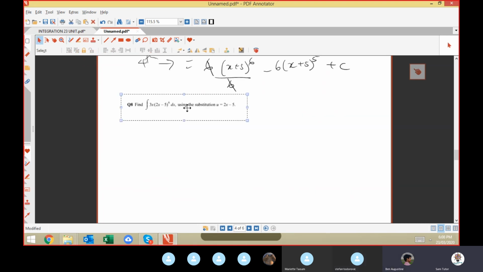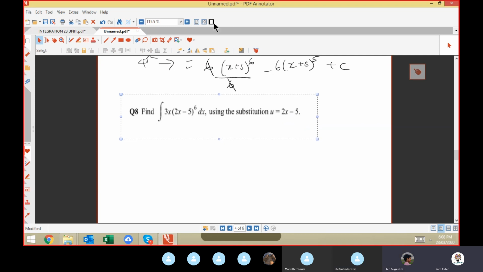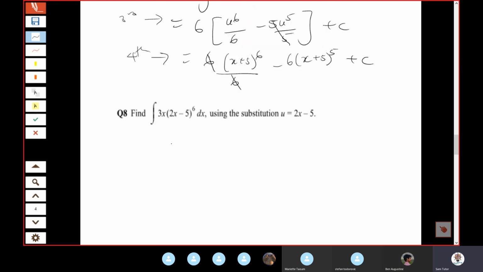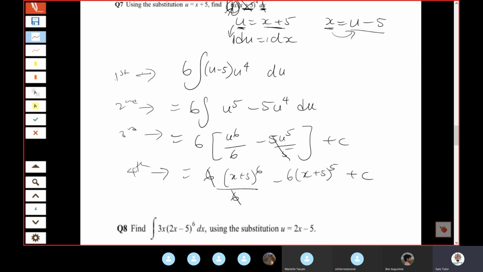So what will happen is when you differentiate this side, you're only going to be left with 2, but you're still going to have an x. So you're going to make x the subject from here. All I want you guys to do is just show me what your first line would be, your integral substitutions of this line. I just want to see if you can get this first line out.